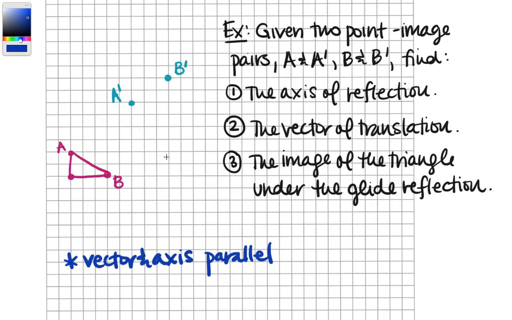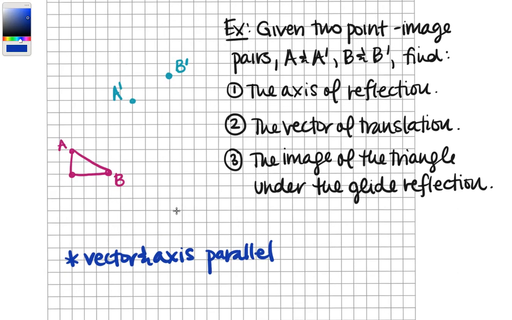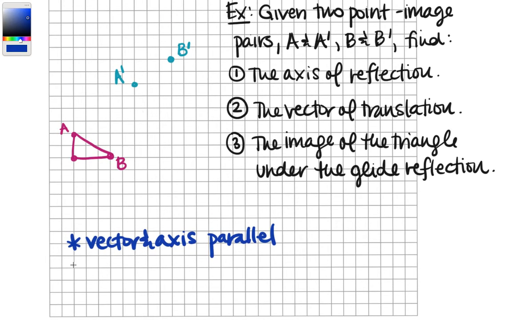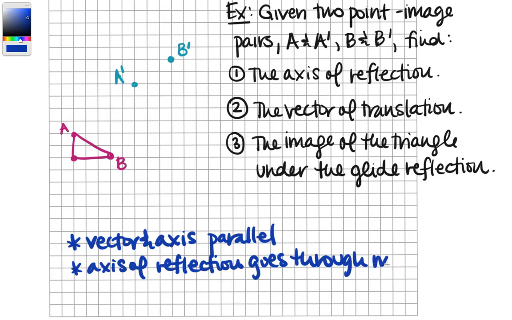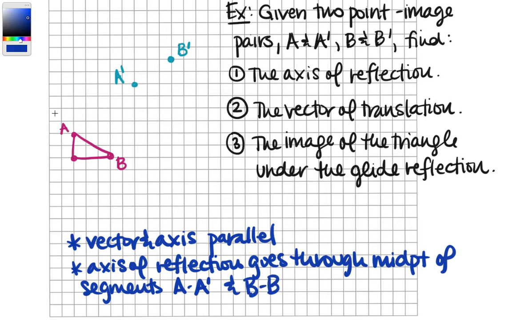But a more precise way to find it is that the axis of reflection goes through the midpoint of the segments connecting A to A prime and B to B prime.